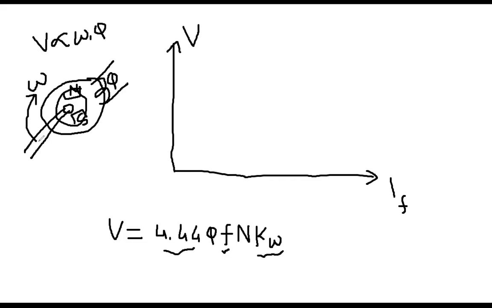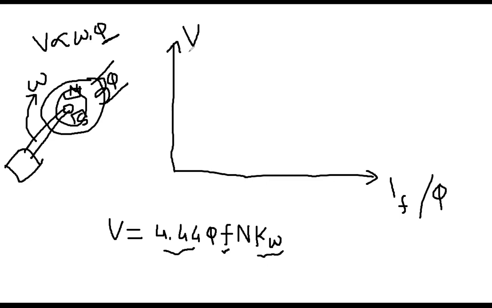Now you can assume that speed is almost constant. Speed is coming from the prime mover, so unless there is any major disturbance in the system, you can assume the speed is constant. Now the main thing is the flux. That's why here it is the flux or the field current versus the voltage.